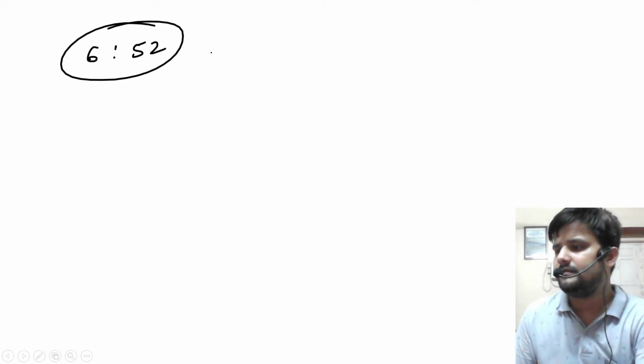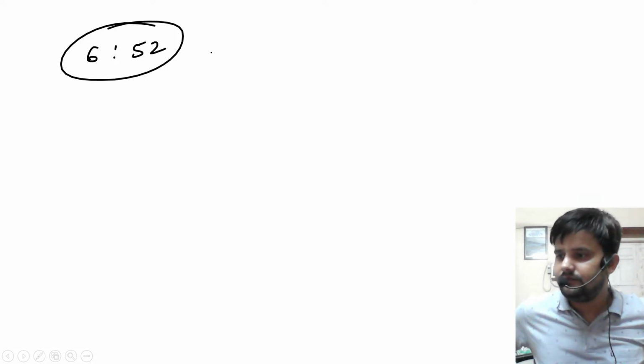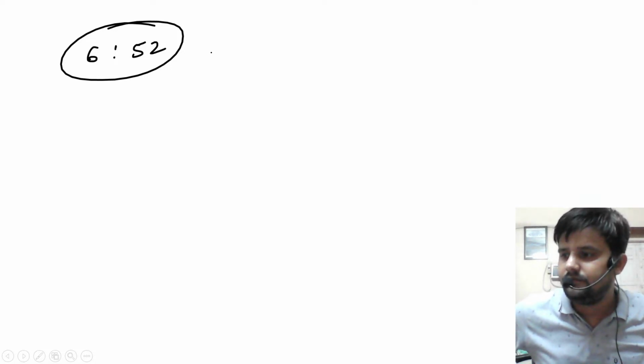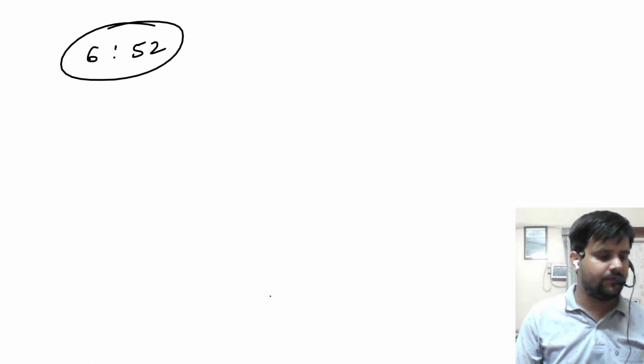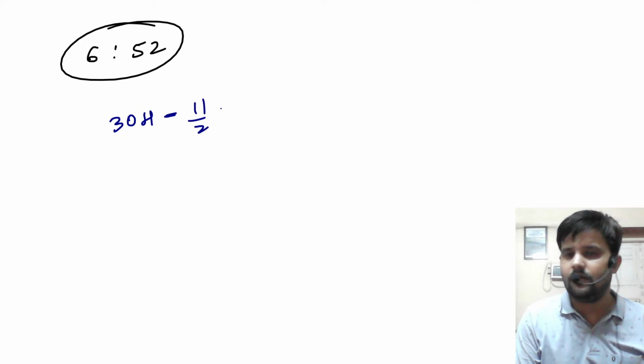Okay, let's take another example. Just answer it. What will be the angle at 6:52? Just answer it fast. What will be the angle at 6:52? What I'll do? 30h minus 11 by 2m.